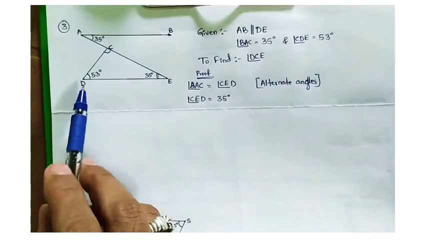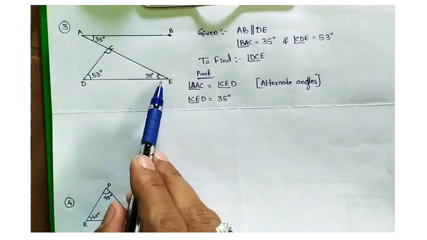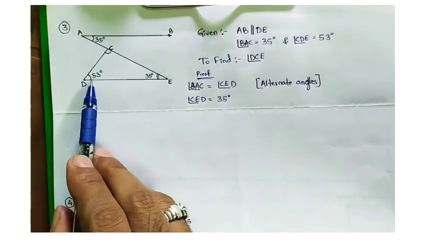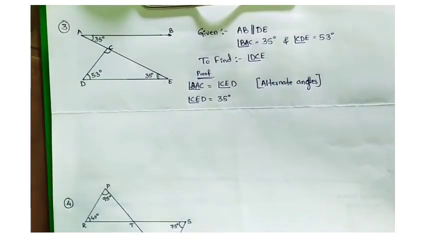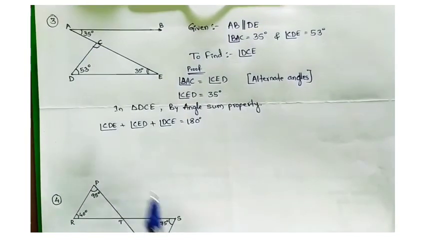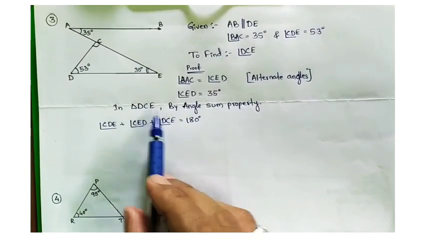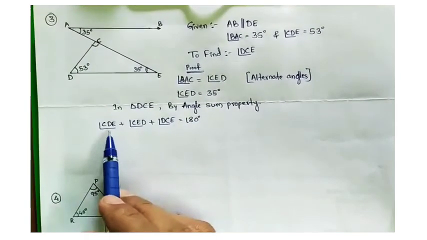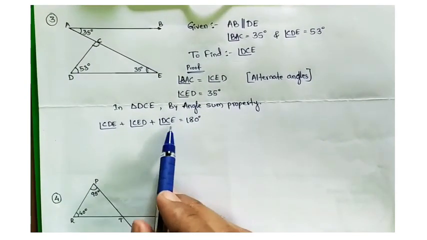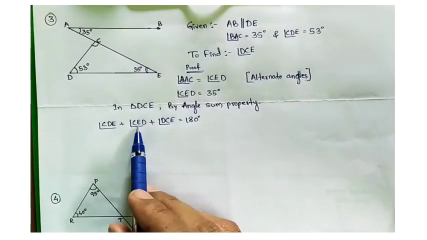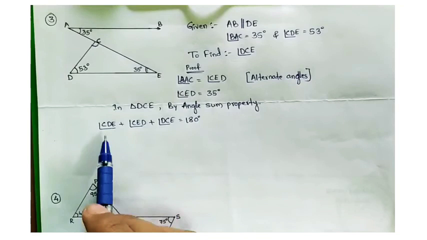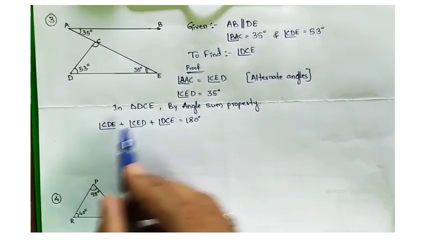So just observe here, CDE is one triangle. We got two angles, so using the angle sum property, find the angle C. So in triangle DCE, by the angle sum property, if you add all three angles, you will get 180 degrees. Those are CDE, CED, DCE. Substitute the values.